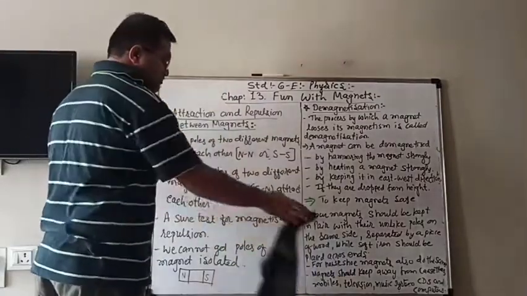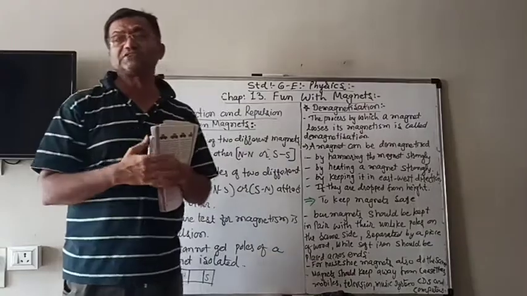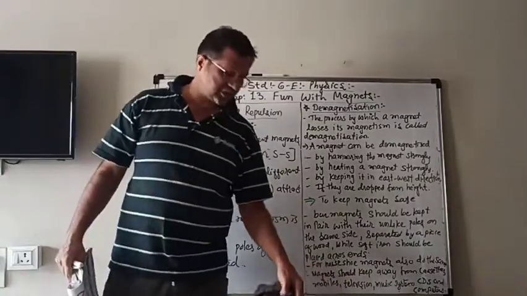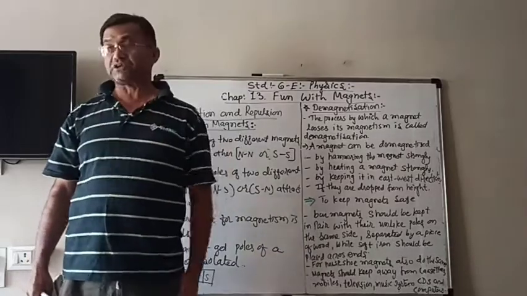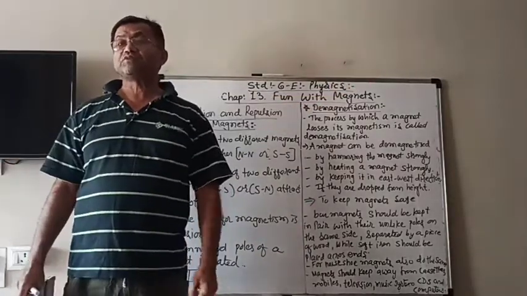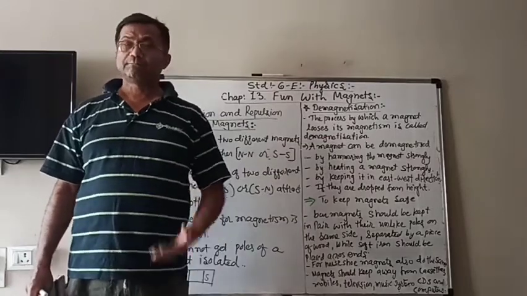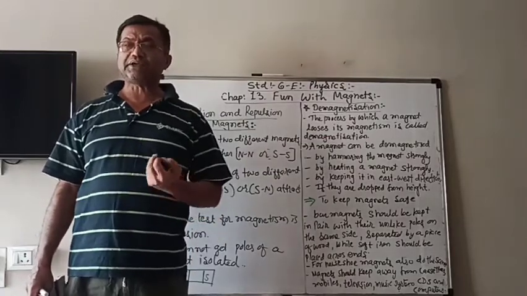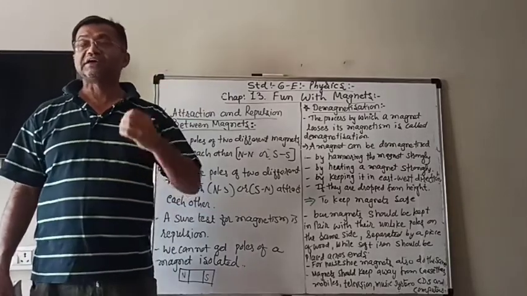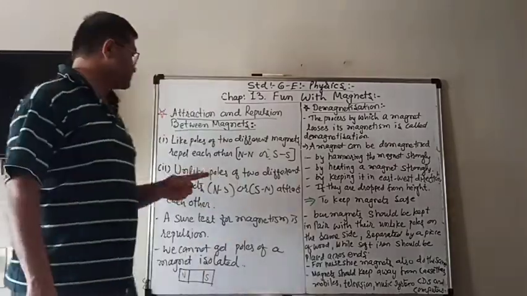It shows that when like poles are brought near to each other, they repel each other. But if you bring unlike poles together, they will attract each other.